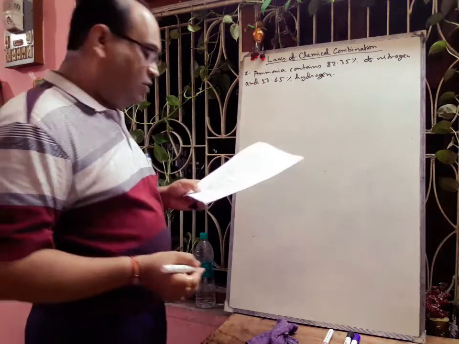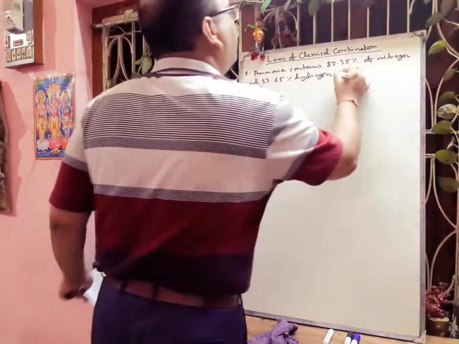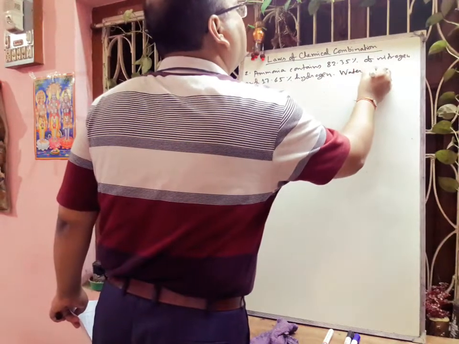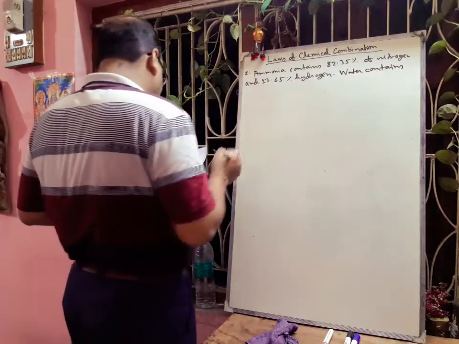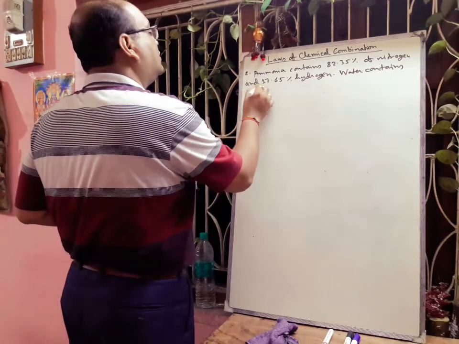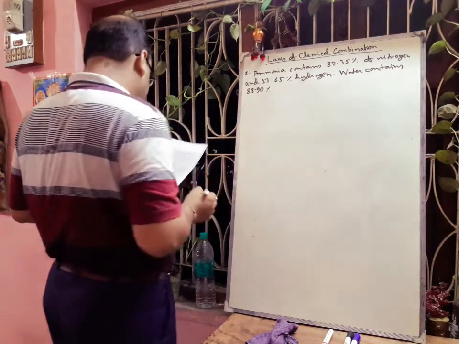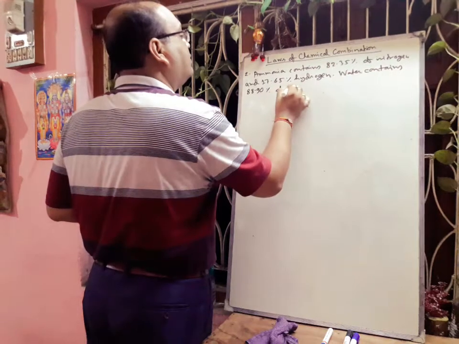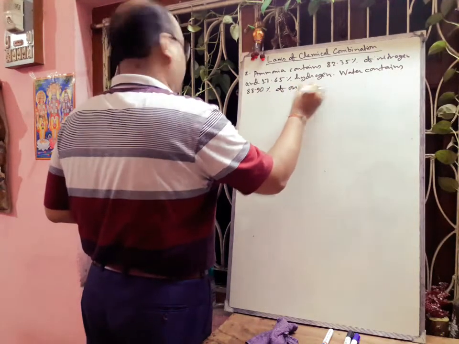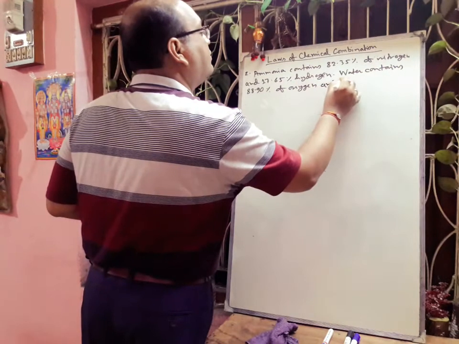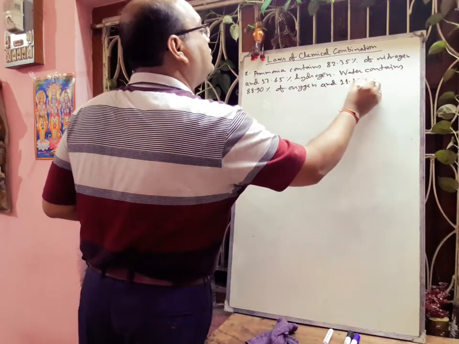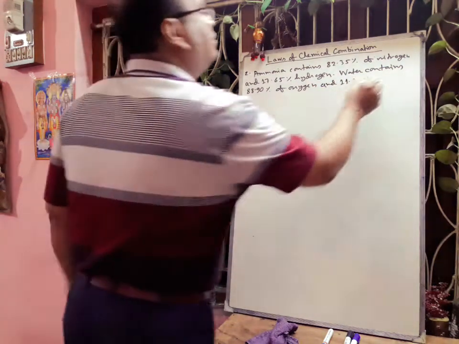Next it is given that water contains 88.90% of oxygen and 11.10% of hydrogen.